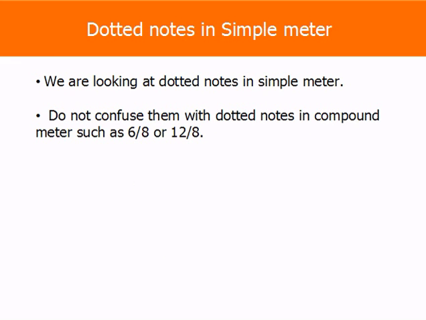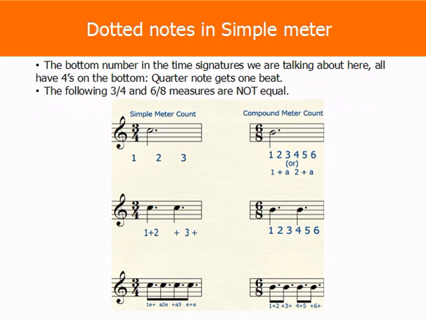So we're still looking in simple meter. Don't confuse them with dotted notes in compound meter, such as 6/8 or 12/8. So take a look at the comparisons here. We have the simple meter count, 1, 2, 3, and then the compound meter count, 1, 2, 3, 4, 5, 6, or 1 and a 2 and a.